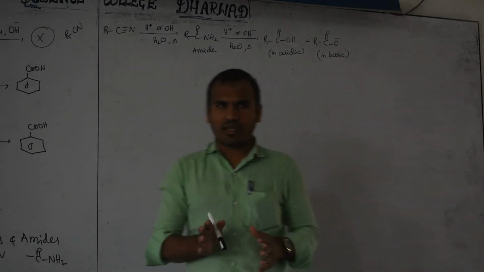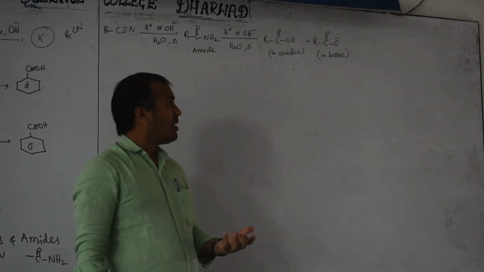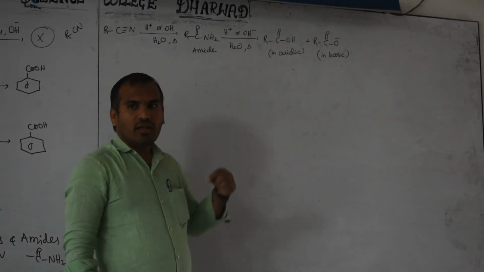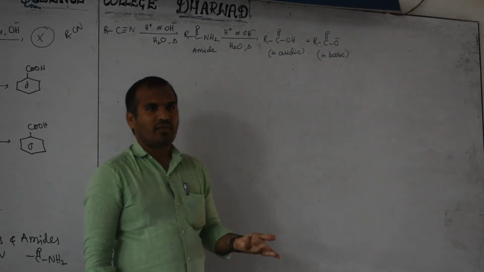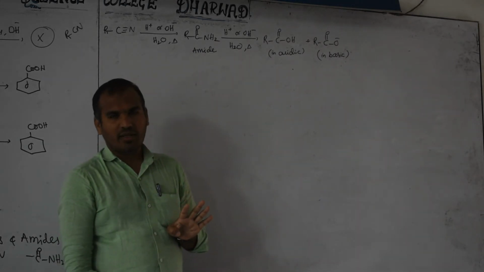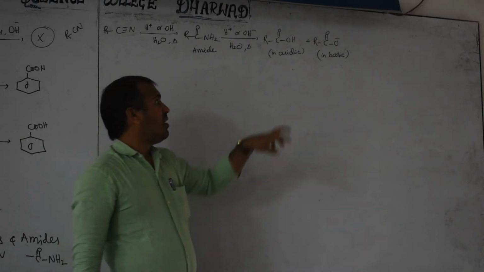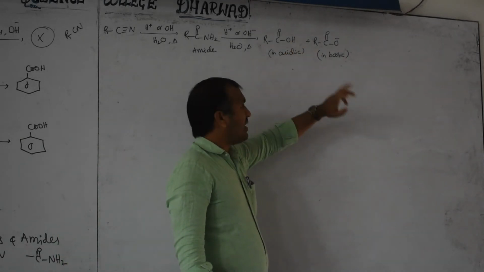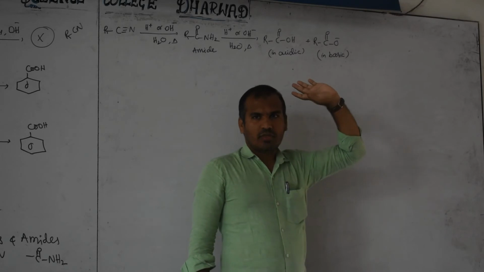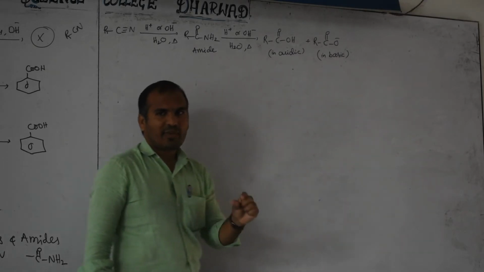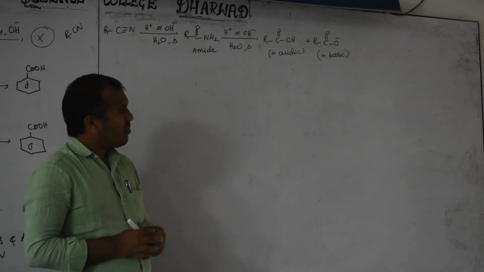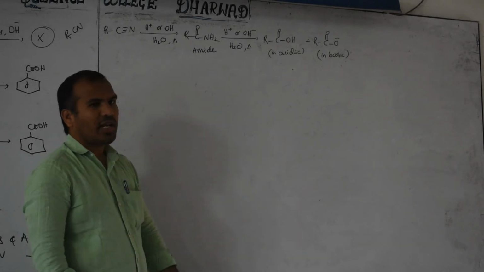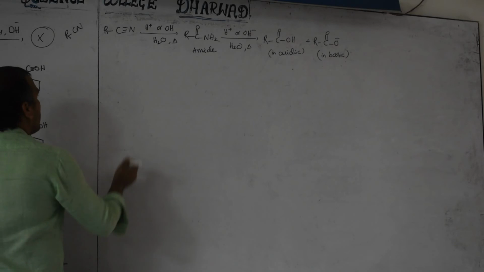But if they ask in depth, they will give this option, both, or none, four options will be created. In acidic medium H will be there, in basic medium O minus. It is given in statement form in your textbook, but for competitive exam purposes this is very, very important.